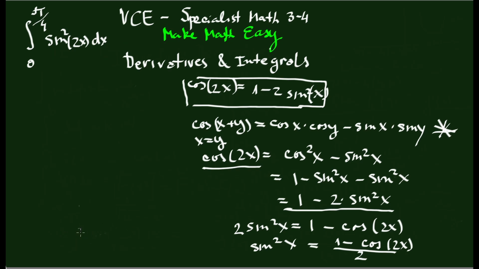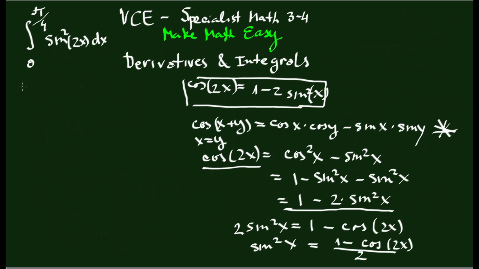So what do we need next? We know that this can be split into two formulas, and here we have 2x, so instead of x you write 2x, and then here becomes 4x, cosine of 4x.